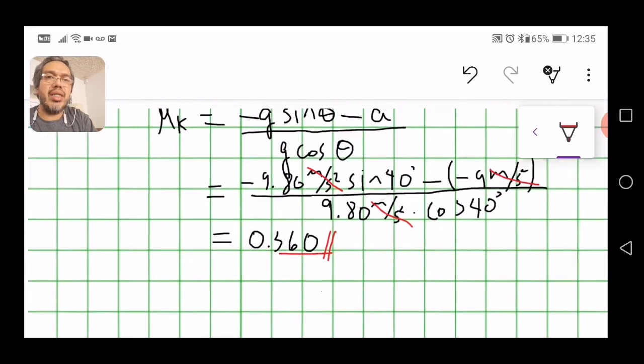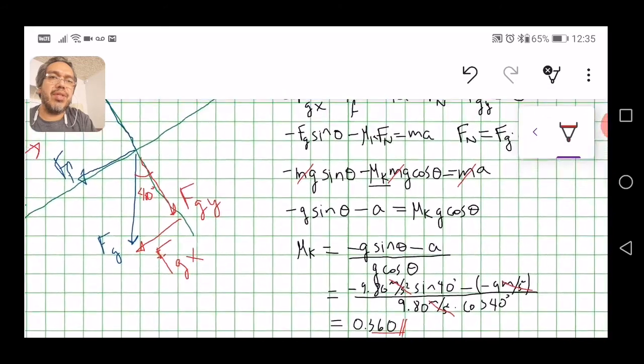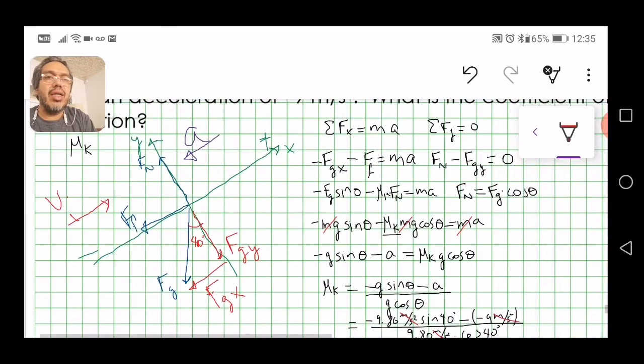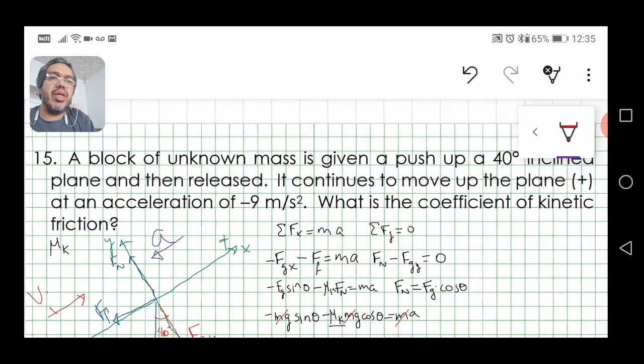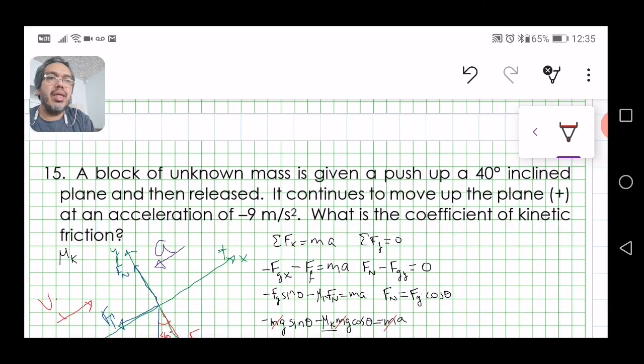So, what are the important things to notice for this free body diagram? First, you don't take into consideration any upward push, simply because this object is not being pushed when it has this acceleration. It says released, and it says that it then continues to move up with a negative acceleration. So the negative forces are the ones that are causing a negative acceleration.